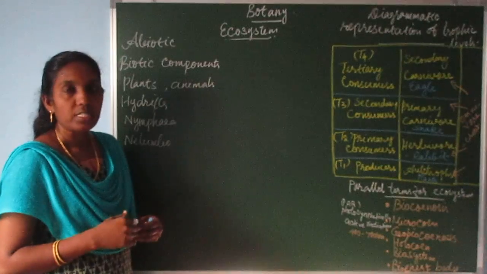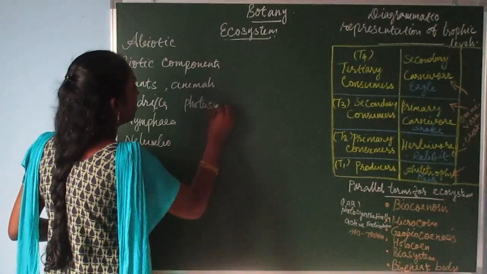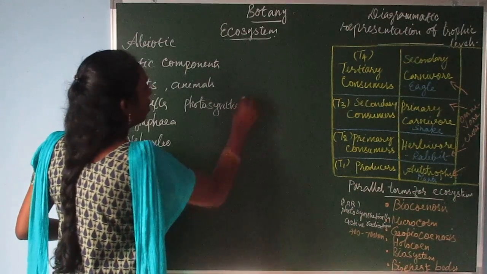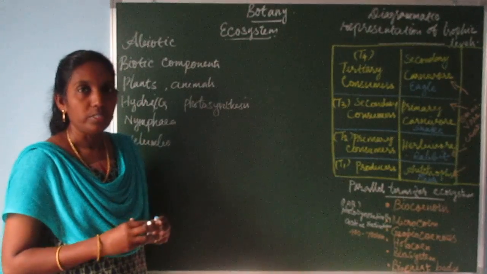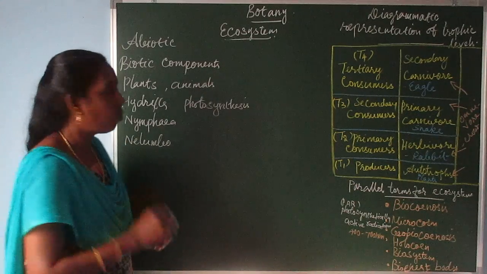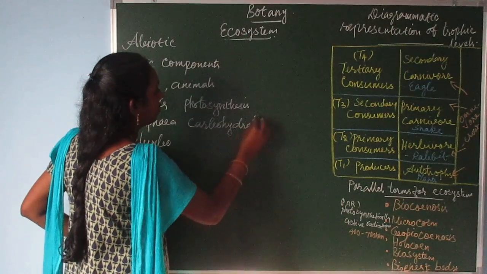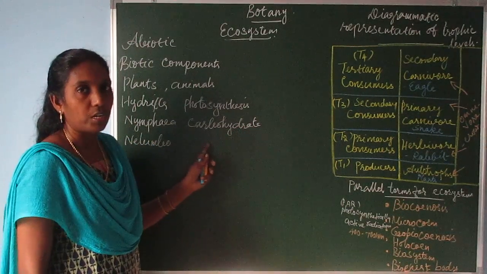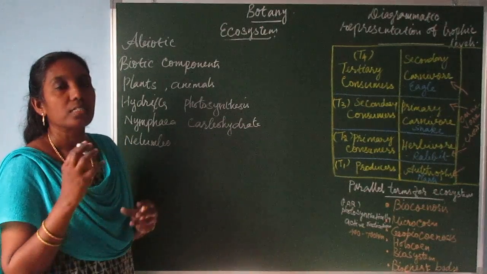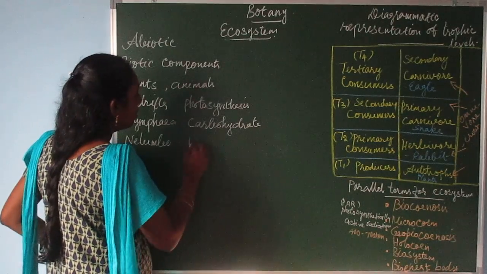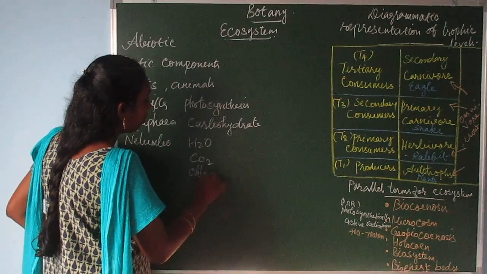There is a leader process in plants, that is photosynthesis. What is the definition of photosynthesis? Photosynthesis is the process by which green plants prepare their own food in the form of carbohydrate, the organic compound, by utilizing certain materials like water, carbon dioxide, and the pigment chlorophyll.